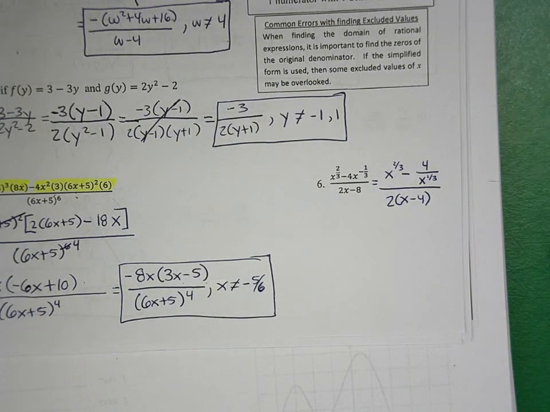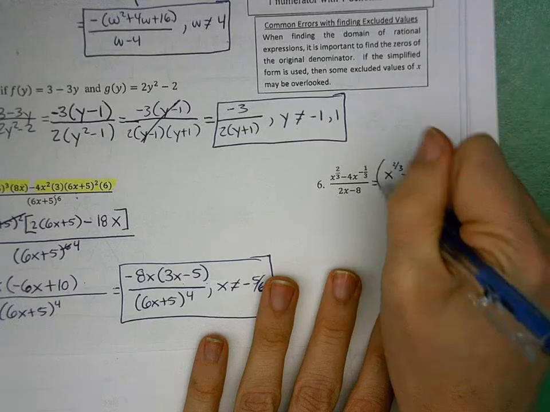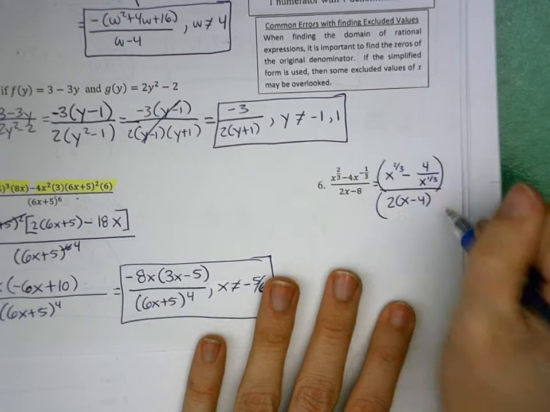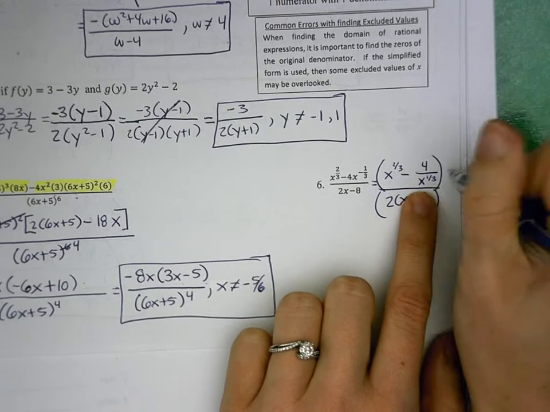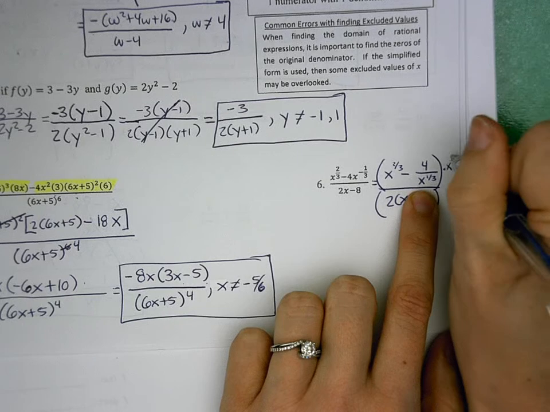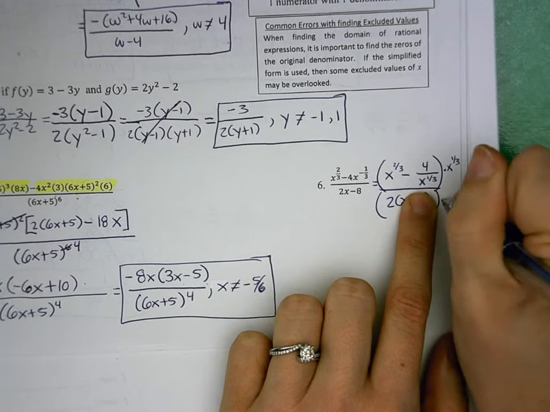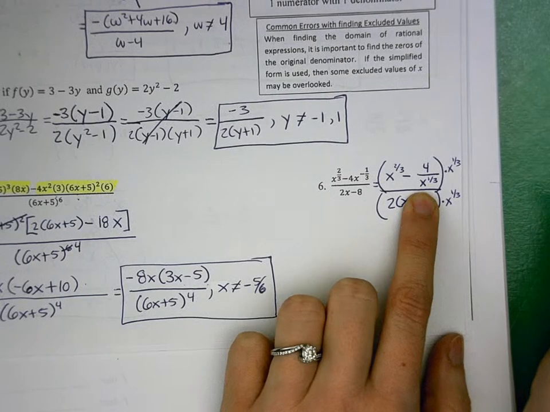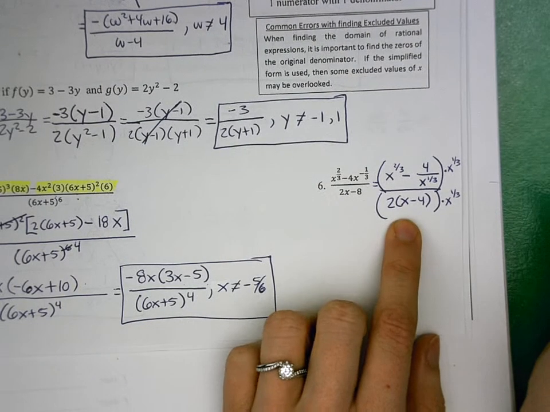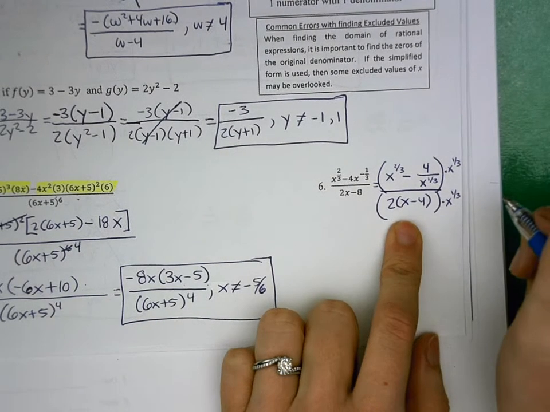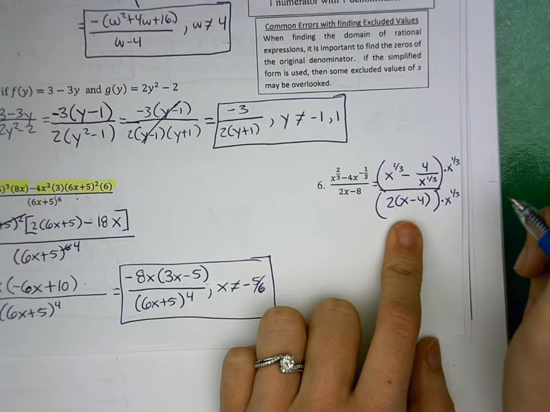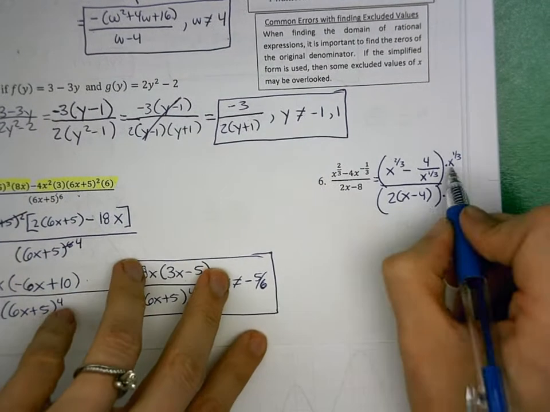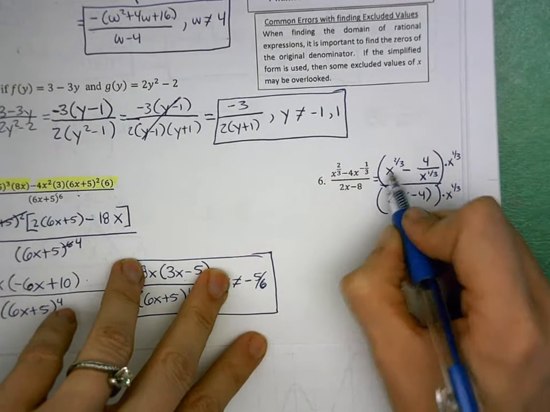Okay, so using the strategy we just looked at, let's go ahead and multiply by our extra denominators. In the numerator here, that means I'm multiplying by x to the 1/3, which means I have to do that x to the 1/3 in the bottom as well. In the denominator, I have no extra denominators, so I'm good to go. Okay, distributing this x to the 1/3 in, x to the 2/3 times x to the 1/3.